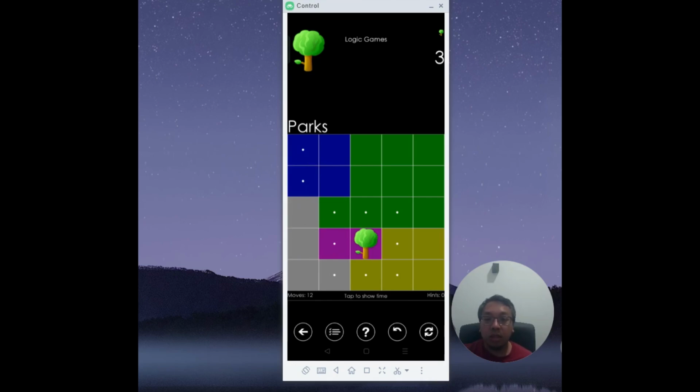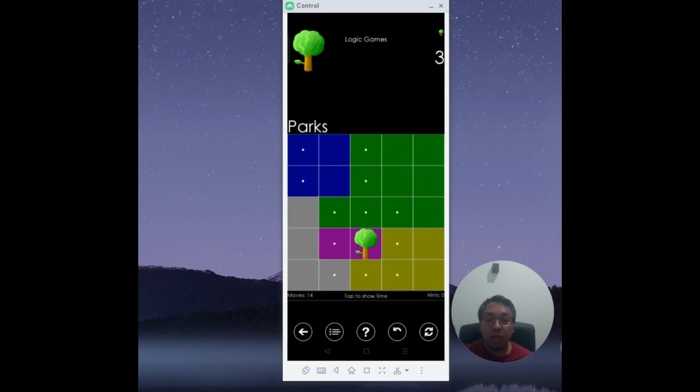What's next? There is also no tree on the third column of the green part, because if any of those is filled with a tree, the second column blue cannot have any tree.